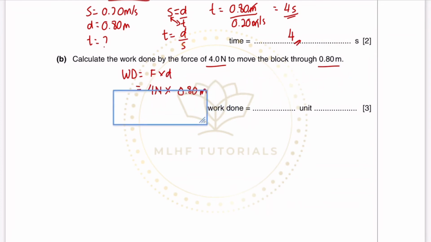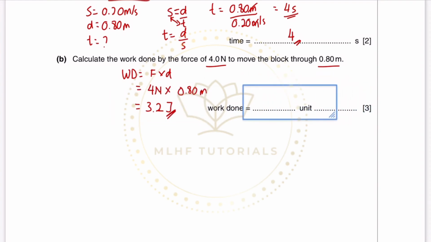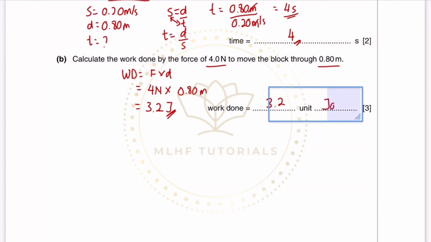Okay, use a calculator and you'll get 3.2 joules. Okay, so it's 3.2 with the unit joules. You can write J only, or you can write the full name, joules. It's up to you.